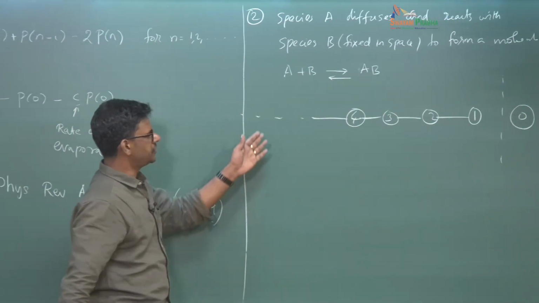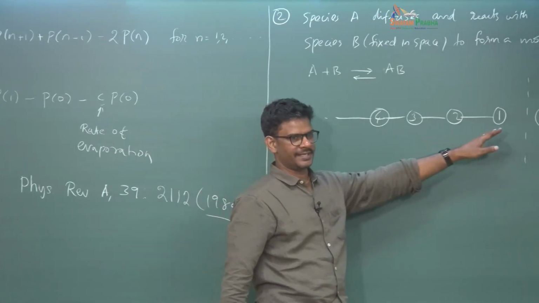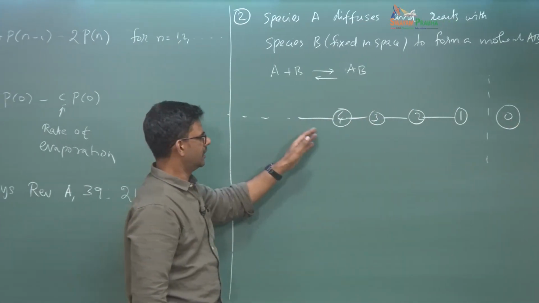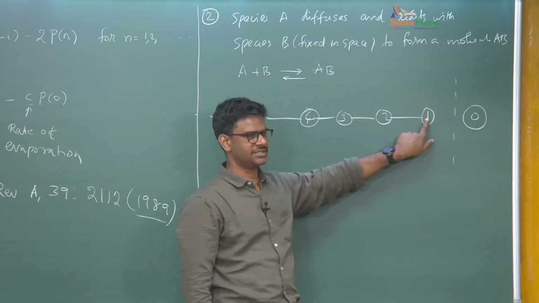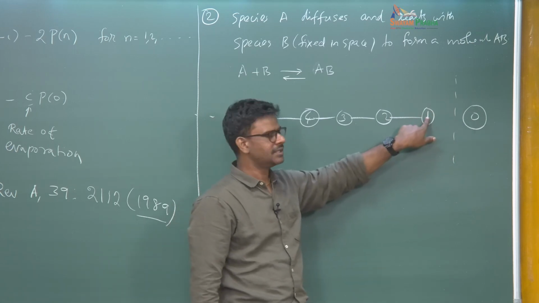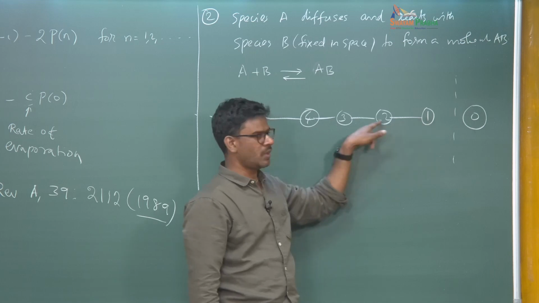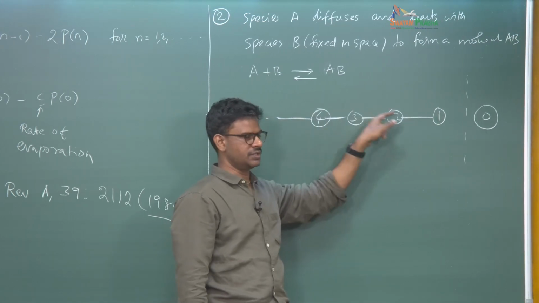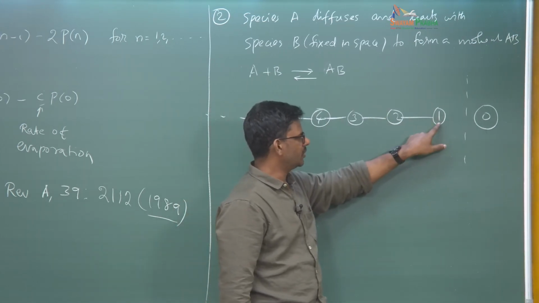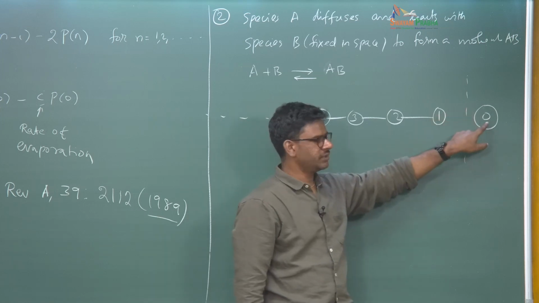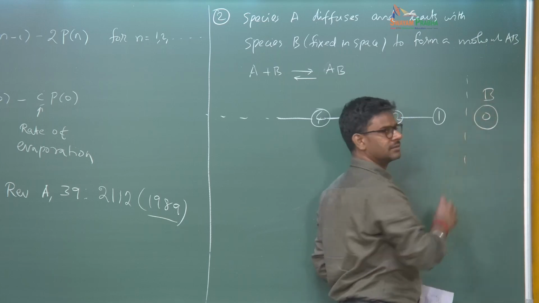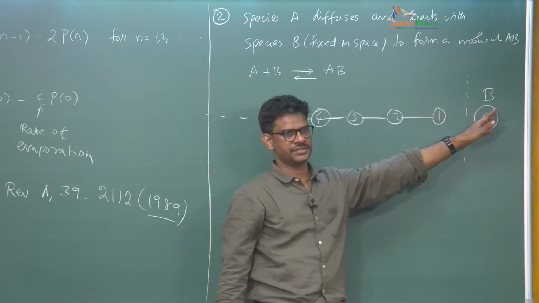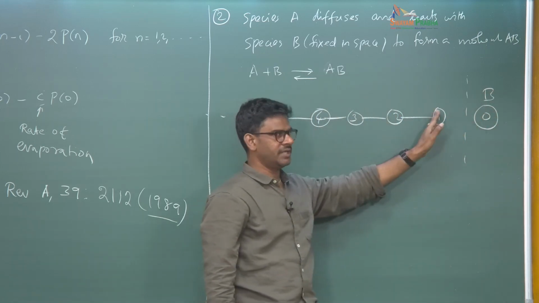So the spatial domain is discretized into a lattice here, a one dimensional lattice. So, this is the boundary, this is basically the interface. Molecule A can be anywhere here, it is kind of diffusing. Once you have molecule A here, it can actually bind with molecule B. B is sitting at this state, just outside this interface. So, A has to diffuse all the way here.